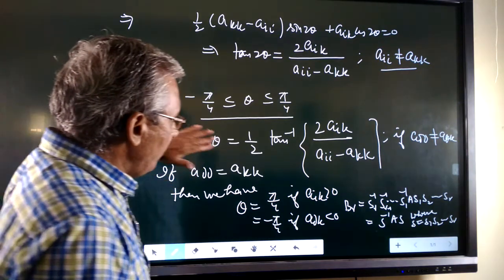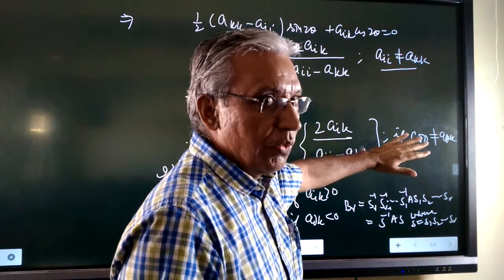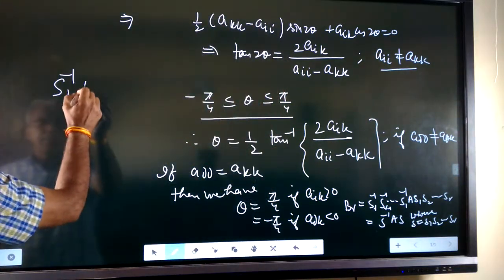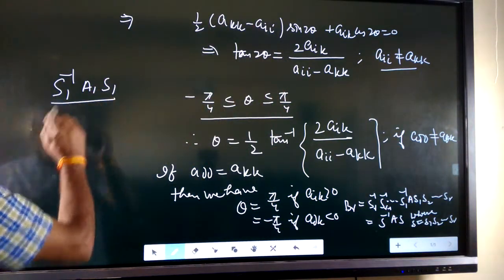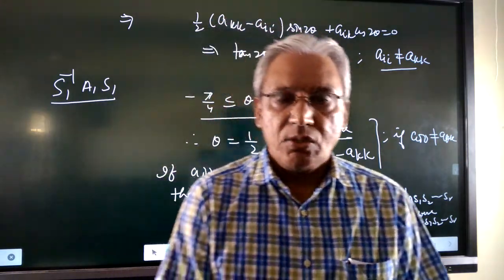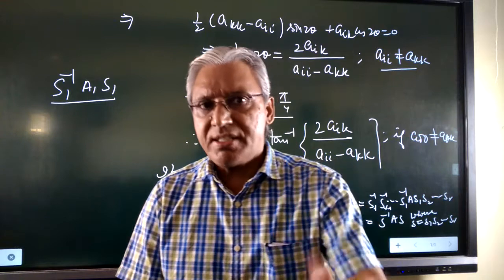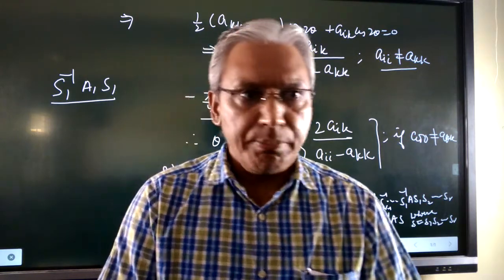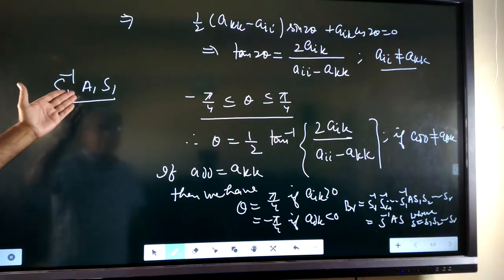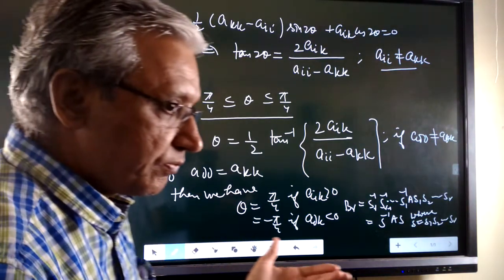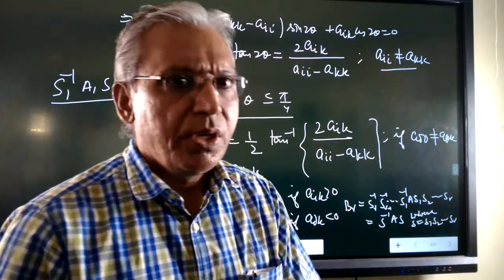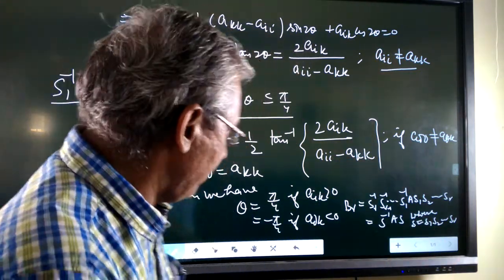By putting the value of theta, we get S inverse A1 S is a diagonal matrix. So therefore, the first step is completed now, and the first rotation S1 inverse A1 S1 produces a new matrix.